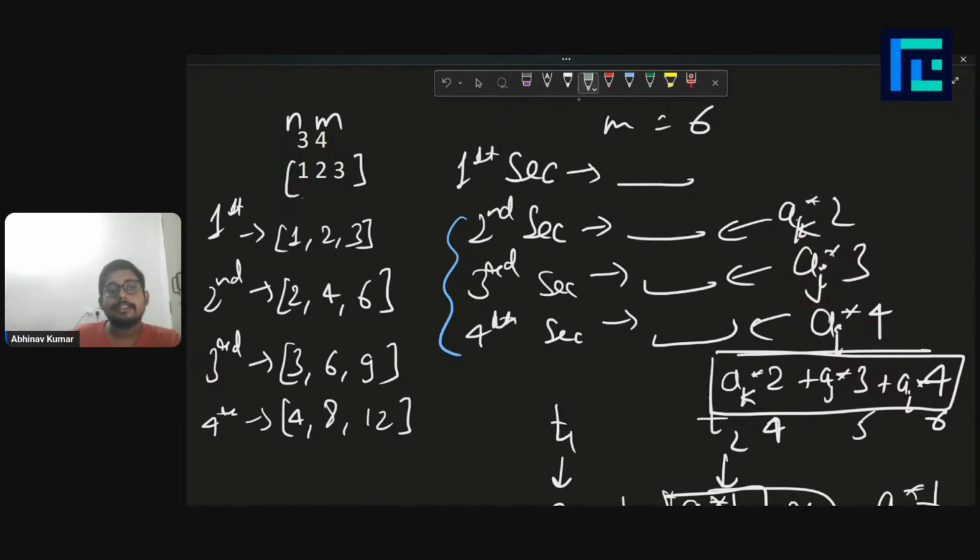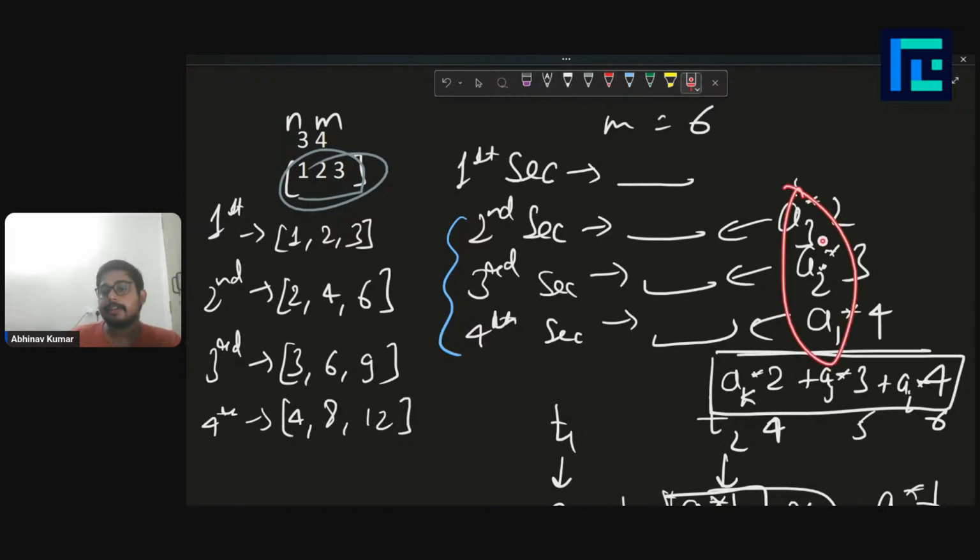So if we sort the array in reverse order, the greatest value would be here, the second greatest here, the third greatest here, and so on.